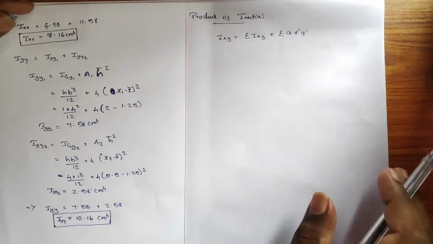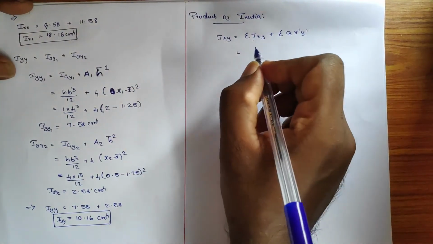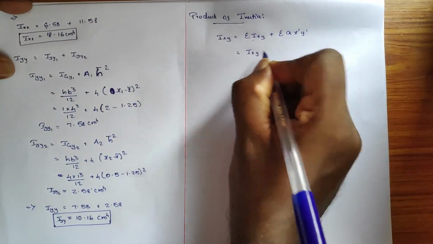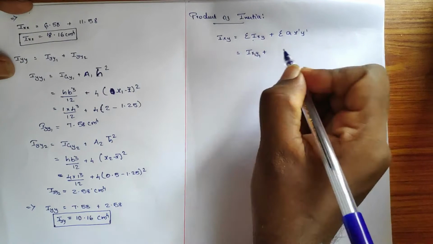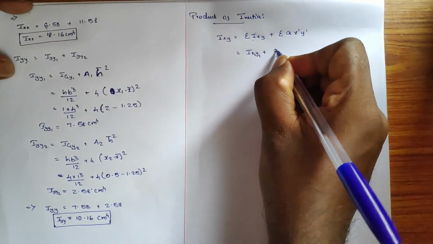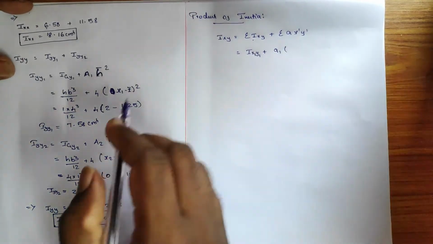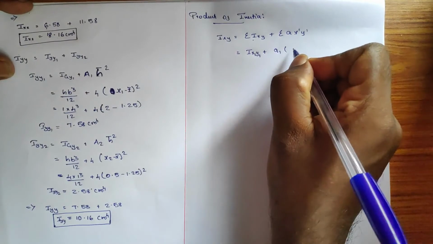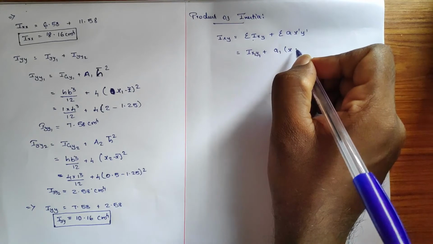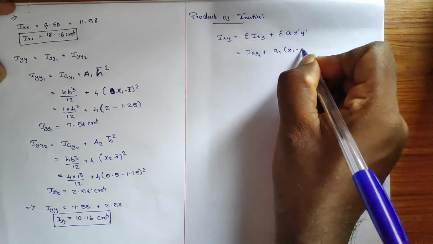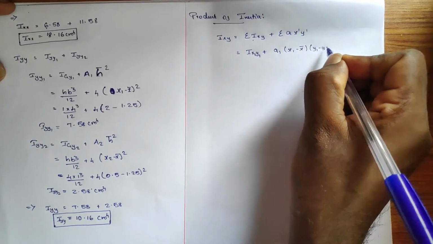If I elaborate this formula, it will be IXY1 plus A1 into the difference between the centroid of the whole section and the centroid of that component, so X1 minus X bar into Y1 minus Y bar.